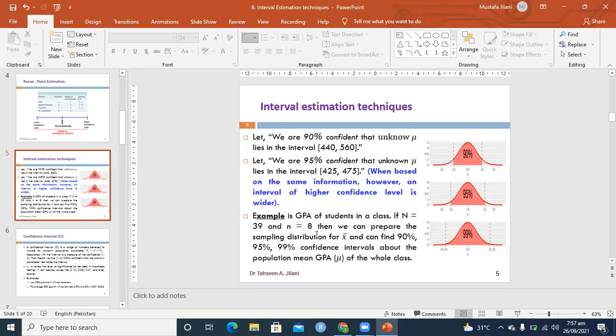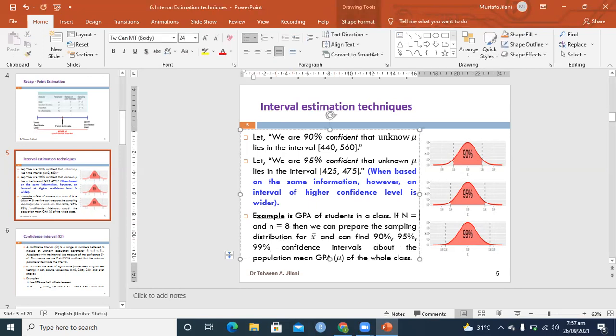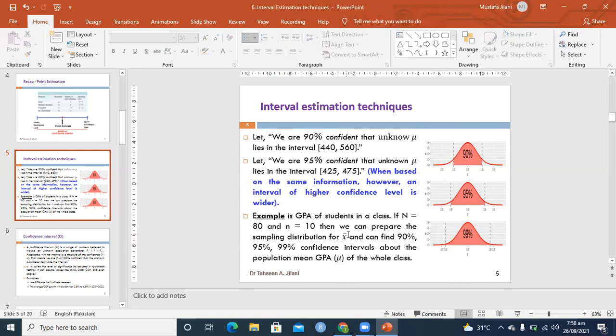For example, if I want to see the GPA in the class, suppose your class has 80 students, and I want to take a sample of only 10 students randomly. Then we can find the sample mean.